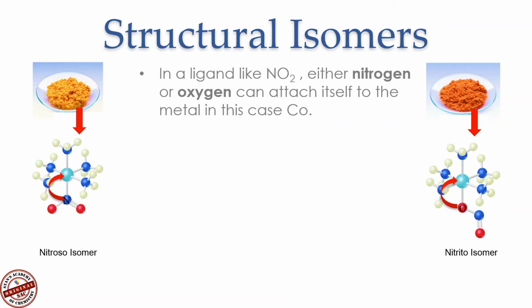So the isomer on the left is called nitro isomer, where nitrogen of NO2 is attached to the cobalt. And on the right, you have oxygen of the NO2 group attached to the cobalt, which makes it nitrito isomer. So we can differentiate which atom is actually attached to the central metal, and there is a distinct property difference, or the intensity of color is going to change, or we have different colored complexes just because the atoms attached to the central metal in the complex are different.